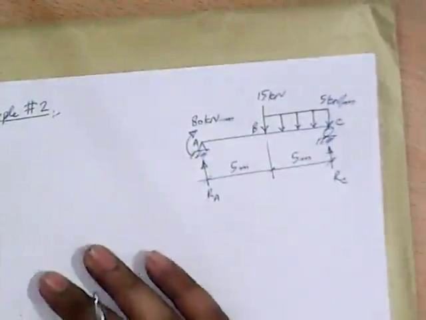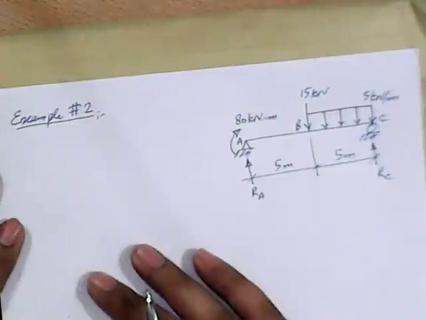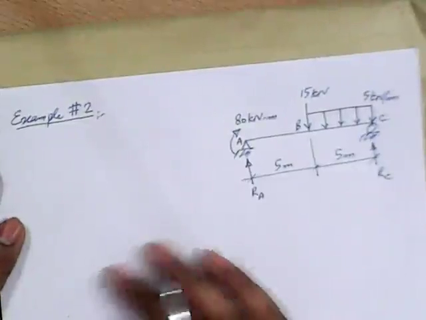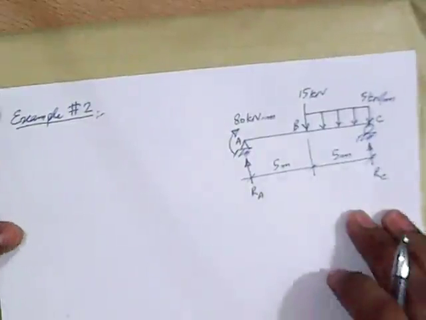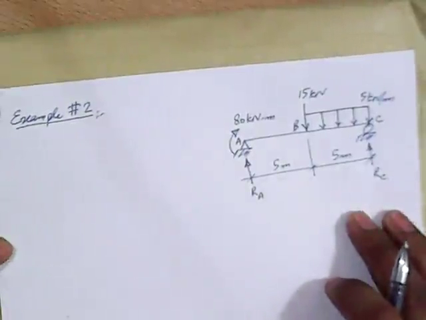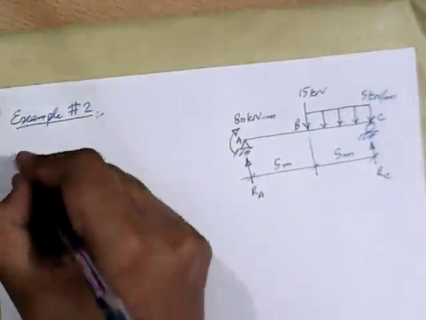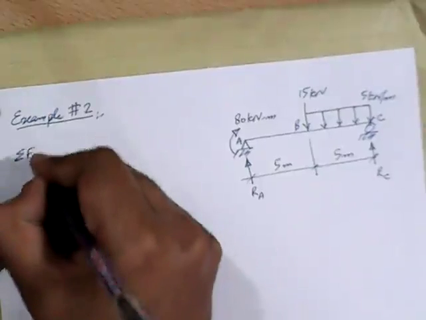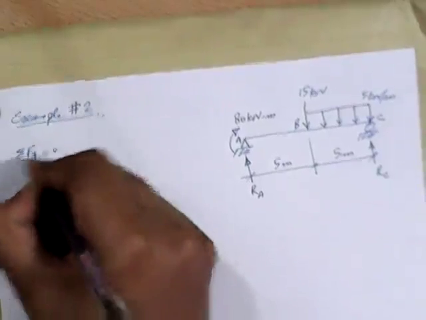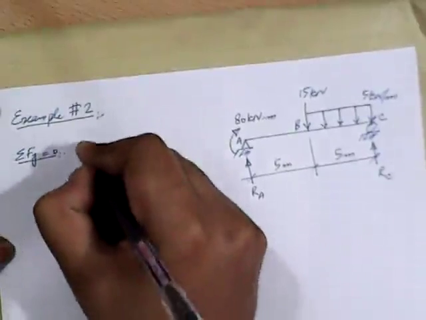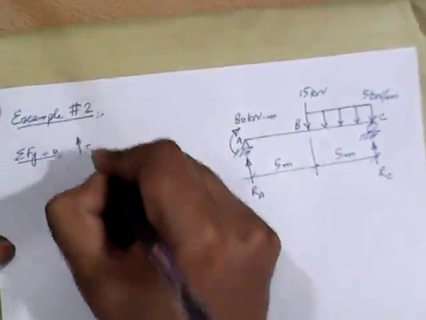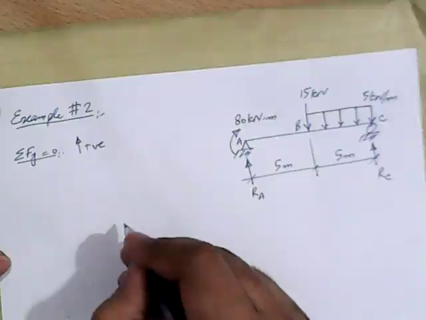Okay, so the first step to solve the problem is to determine the reactions of this simply supported beam. For that we will apply conditions of equilibrium. Let's apply sigma Fy equal to 0, and our convention will be that we take upward forces as positive.